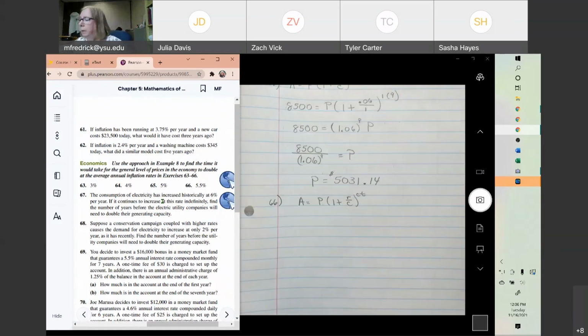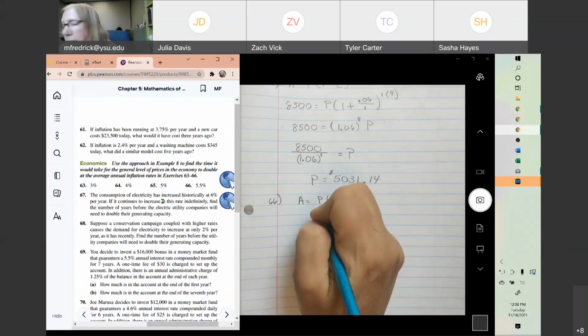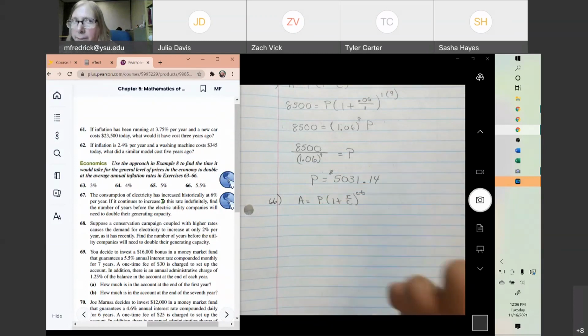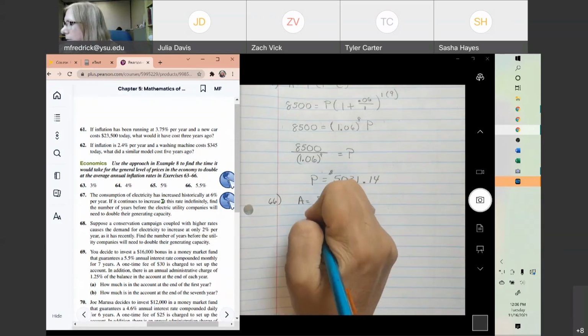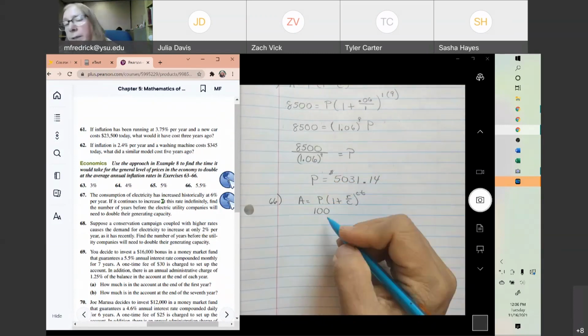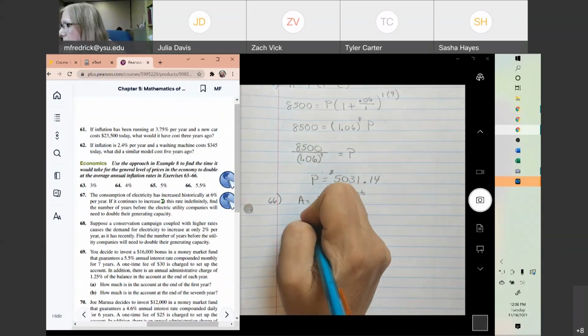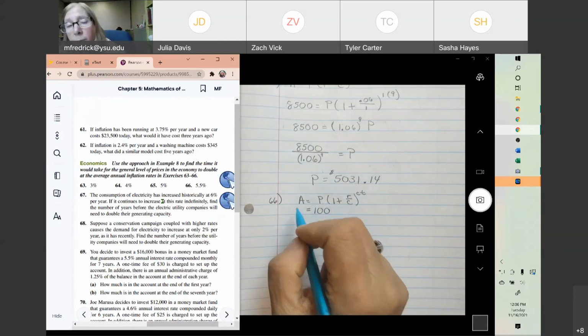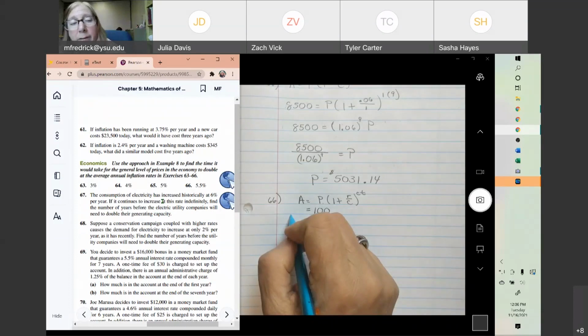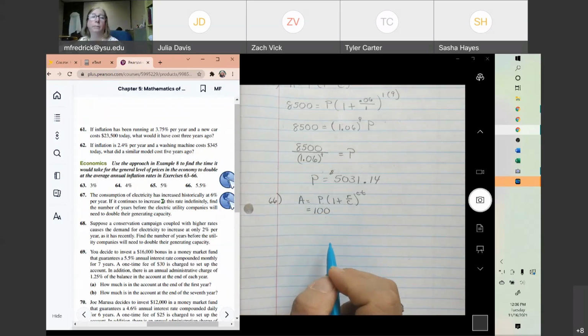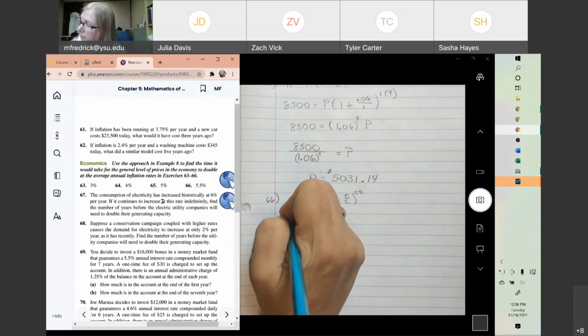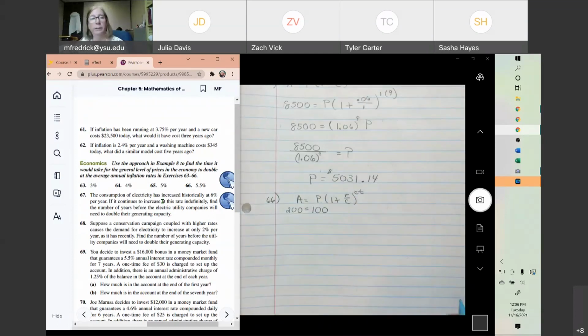Oh, if it needs to double, then pick something to start with and double it. For instance, if P was 100 and we're doubling, what would A have to be at the end? If we wanted our money to double, 200.